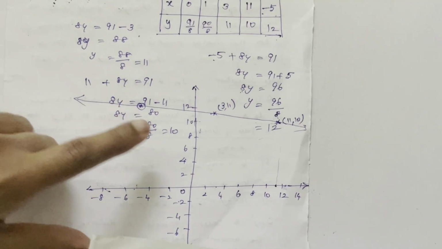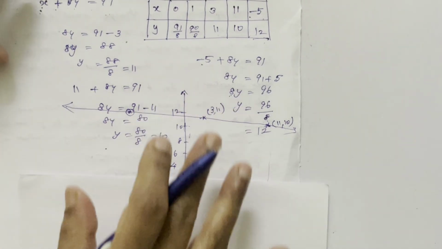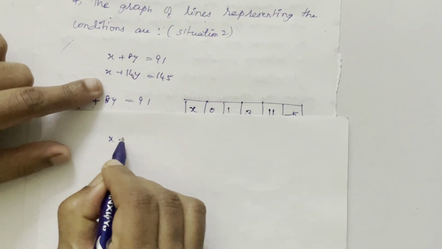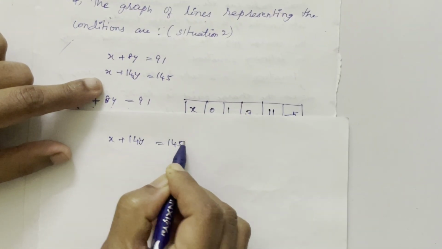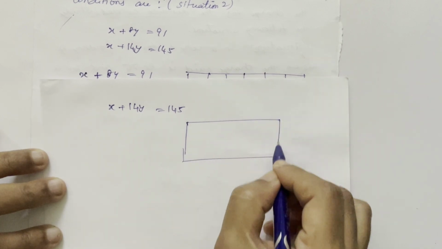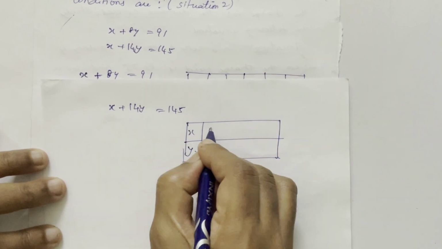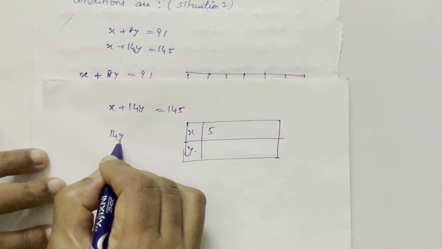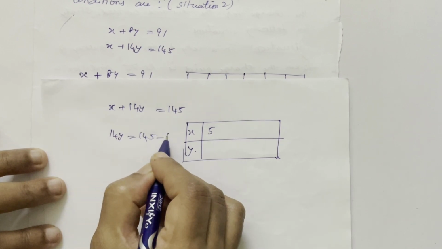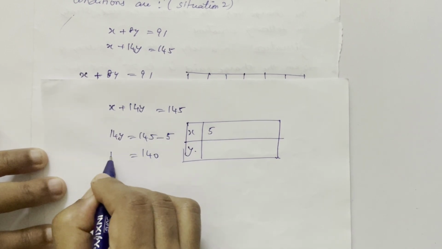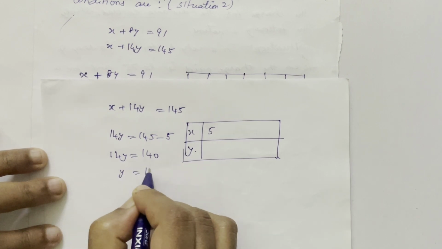Next we have to make another line for the other equation, x plus 14y equal to 145. I am taking x is 5, so y is 10.